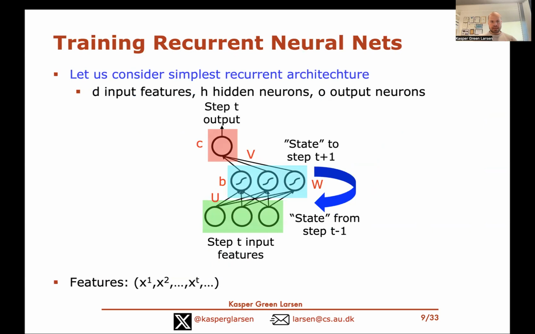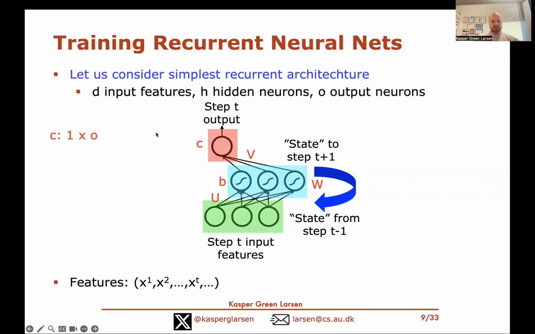So this is basically the setup of our little recurrent neural net. We have these tanh activation functions at the hidden layer. We have weight matrices, we have bias vectors. And now, if we have our feature vectors x1, x2, x3, and so forth, how do we process them? First of all, let me just say what the shapes of all these vectors and matrices are. Let's say we have D input features per time step. We have H hidden neurons and O output neurons.